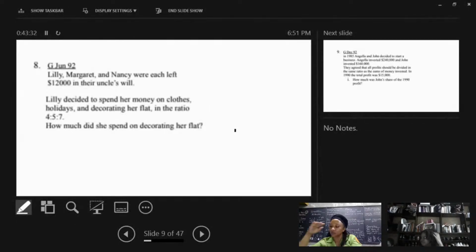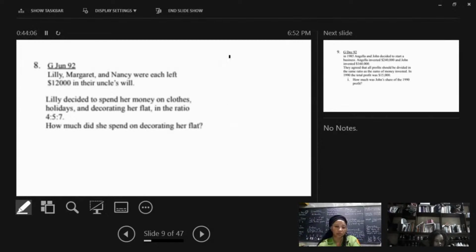How much did she spend on decorating her flat?